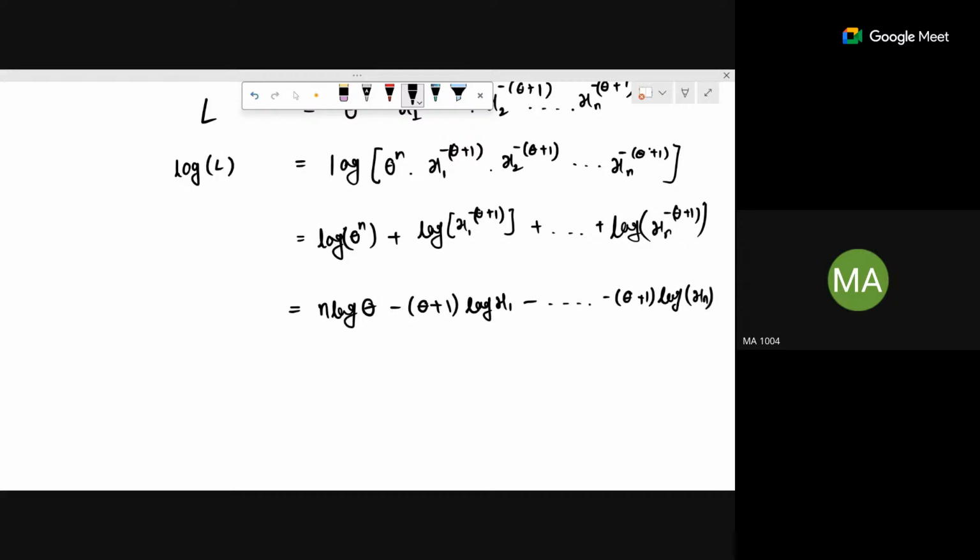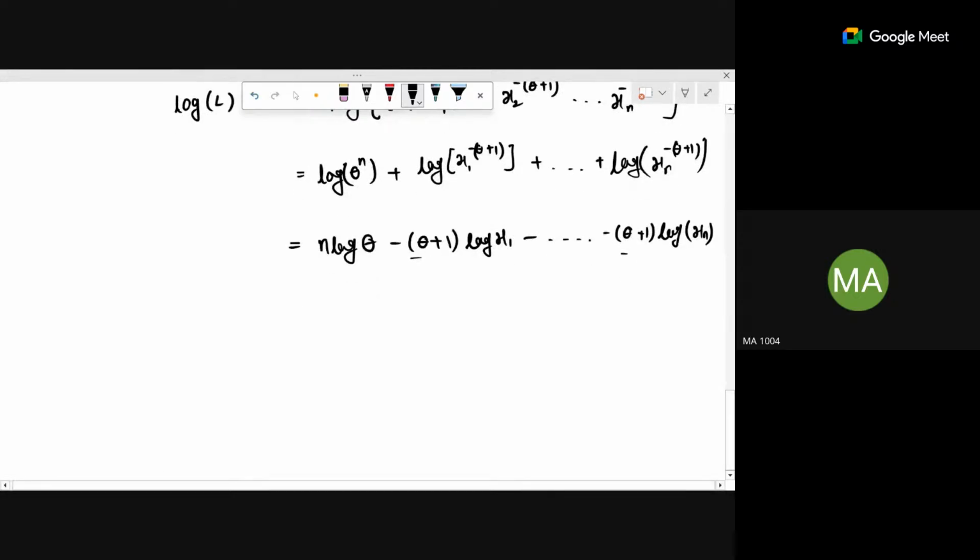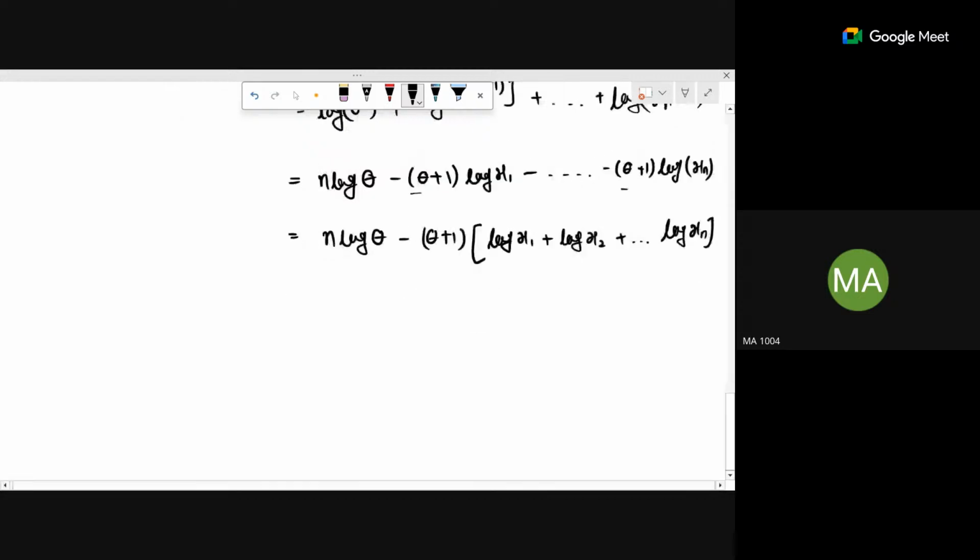One more thing you can notice is that theta plus 1 is constant everywhere, so I can keep it outside. Minus theta plus 1 as a constant, and the rest of the terms will be log of x1 plus log of x2 and so on. Why have I done this? Because we have to differentiate our function with respect to theta, because we are maximizing this function for theta.